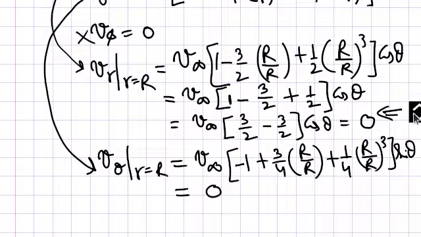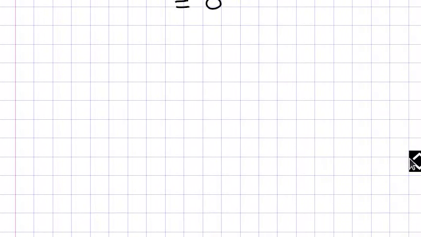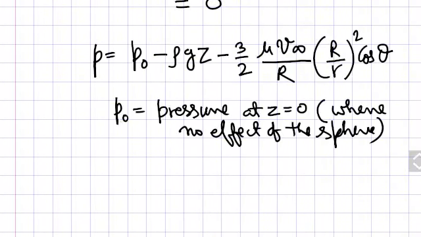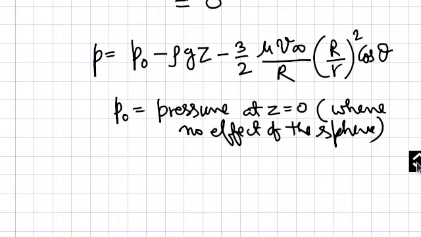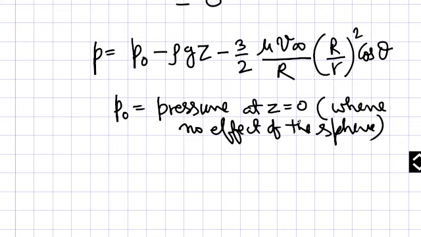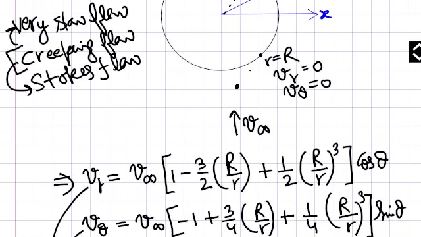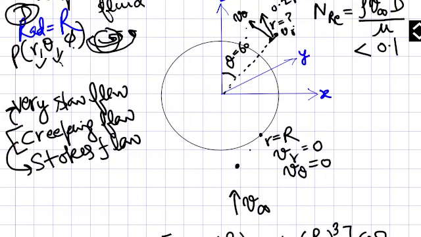So this way you can find the desired velocity. Now the next formula is for pressure difference. This is the formula for pressure distribution, and here you can see that P naught is the pressure at Z is equal to 0, where there is no effect of the sphere. So where is this point? It is the point on this plane, that is here Z is equal to 0.